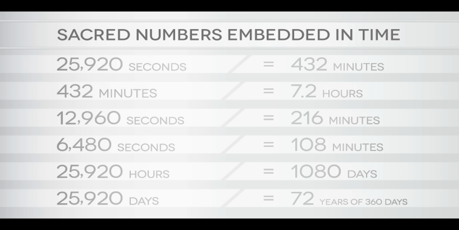And 25,920 days is equal to 72 years in the sacred calendar, which is interesting because I think most determinations of the average human lifespan right now in history is about 72 years. So you could think of a human lifespan as being equivalent to 1 day of the great year. There's an interesting proportional relationship going on there between the total precessional cycle of 25,920 years and 1 human lifetime.